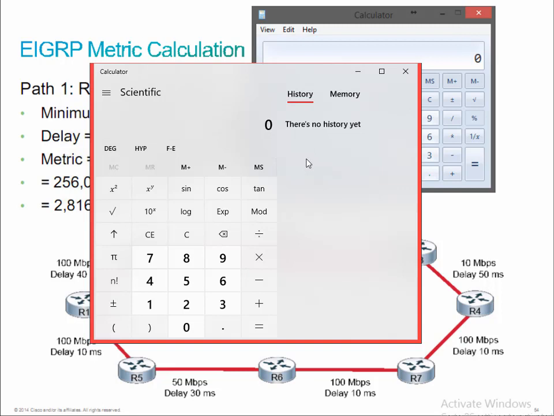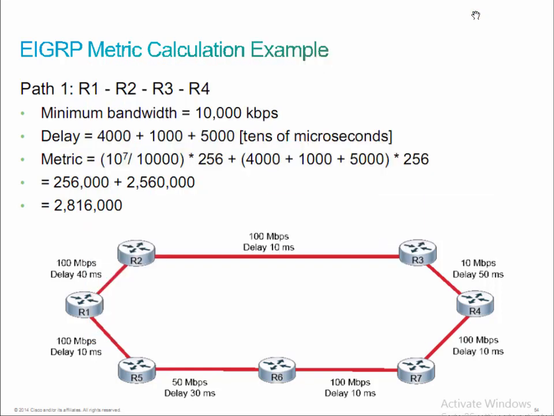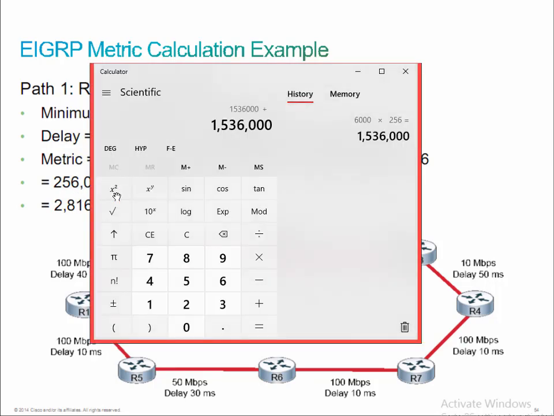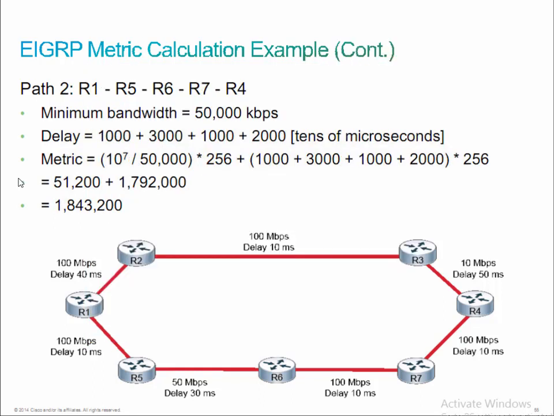Oh no, it's already in tens of microseconds. Times 256. So 1,536,000. All right. I need to add that to my 256,000. And I get 1,792,000. Does it meet the feasibility condition? The answer is yes.